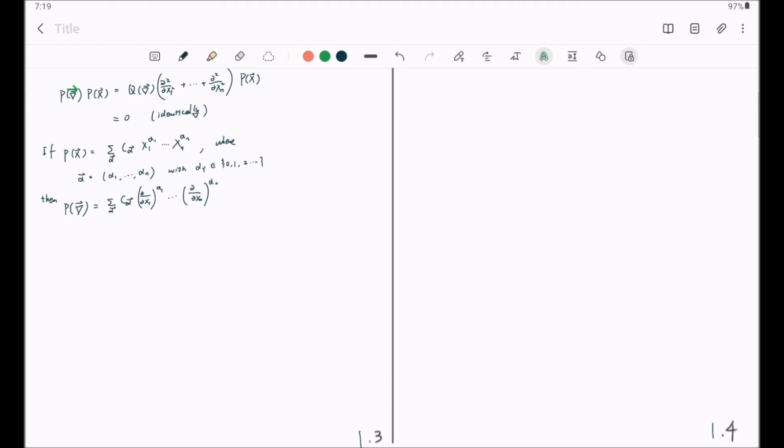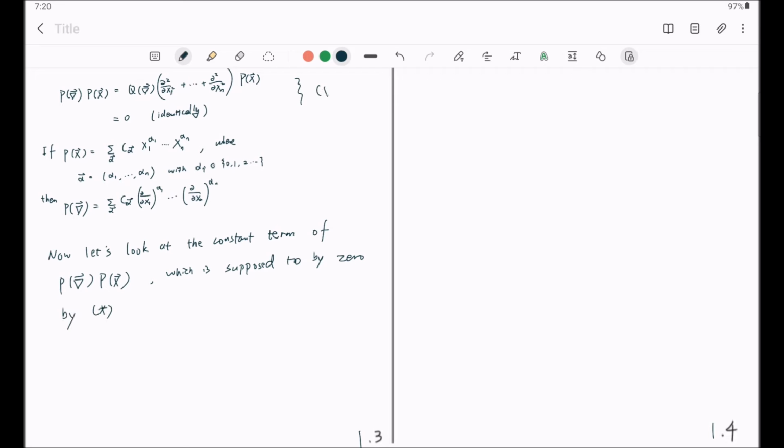Now we go back to look at this equation. In particular, we're going to look at the constant terms on the left-hand side, which are supposed to be 0. Now there are many summands in P of x, and same for P of nabla.